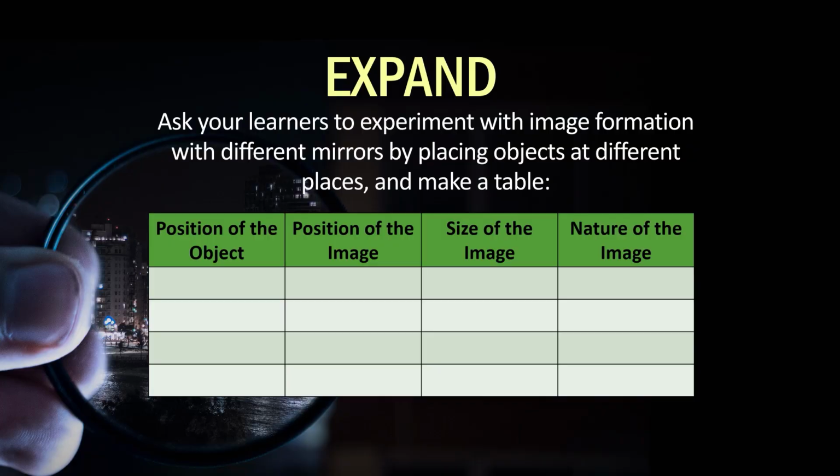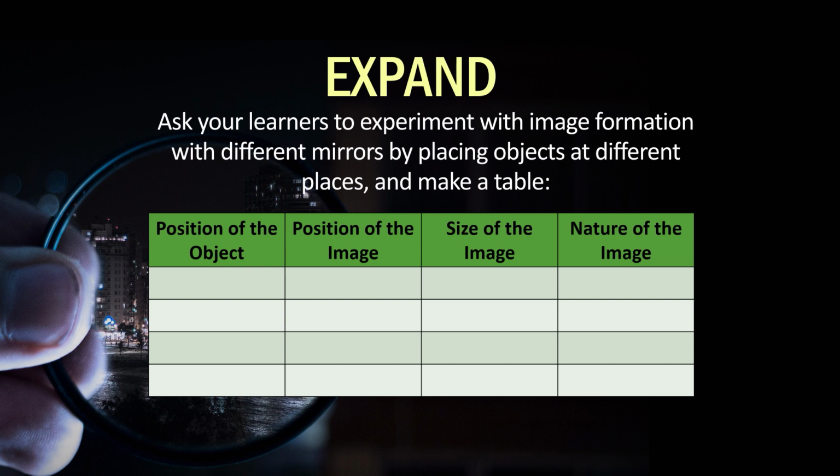Let them put the object in different positions: sometimes at focus, sometimes at center of curvature, sometimes at 2F, sometimes beyond 2F, sometimes between 2F and F, sometimes at a distance which you can say is coming from infinity.